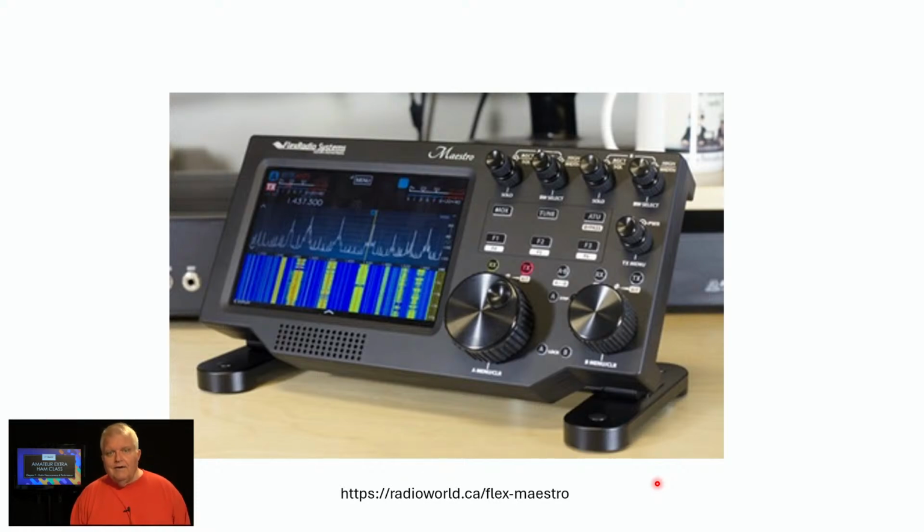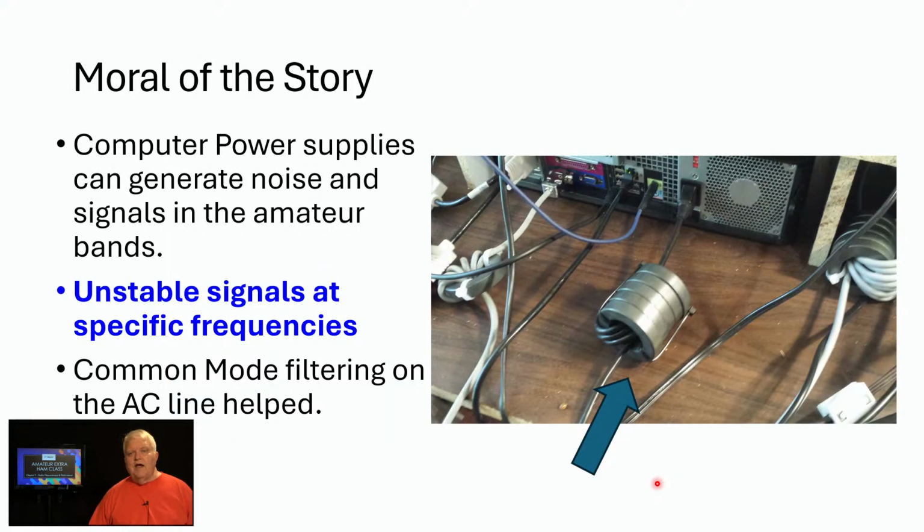What? My cheap Dell Hamfest computer was actually generating interference. And again, ferrites are your friend. So the moral of the story is that computer power supplies can generate noise and signals in the amateur band. I can attest to it.